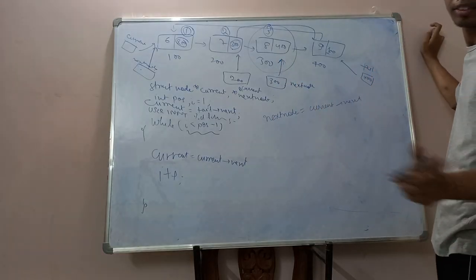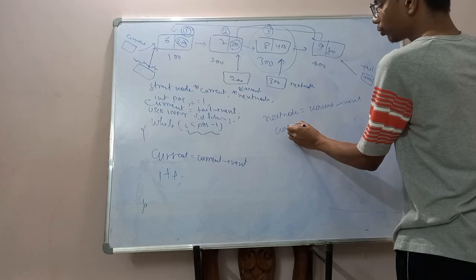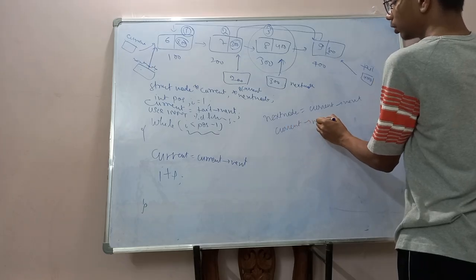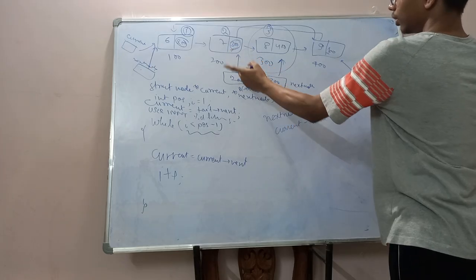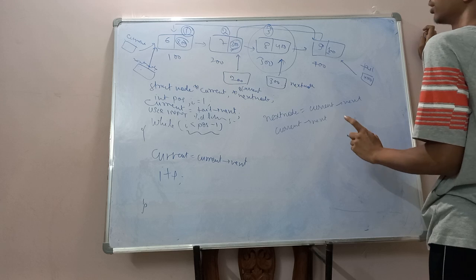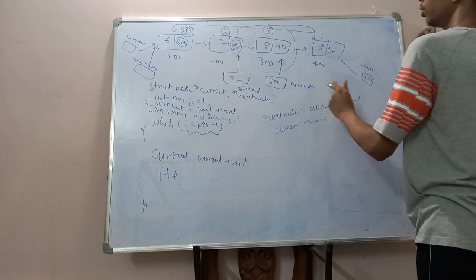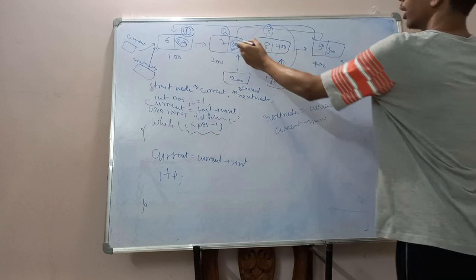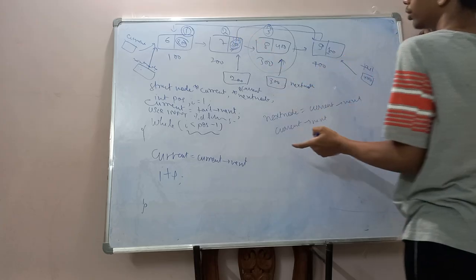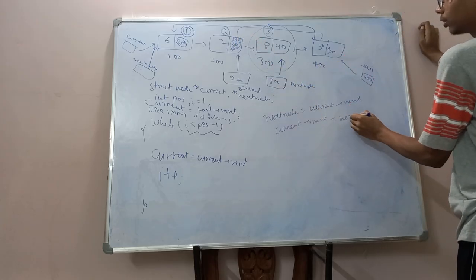Now for deletion, what will I write? Current next, which is this, right? It will store what? It will store 400, right? And how will I get 400?